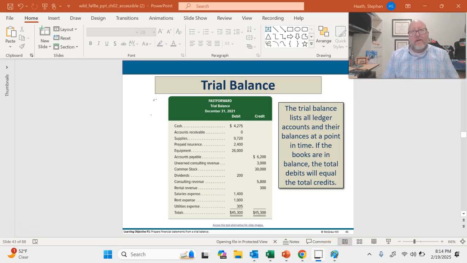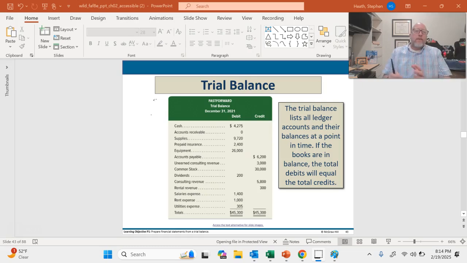Okay, me again. Rather than looking at my scribbling, I pulled up a snapshot of what the trial balance could look like. In the previous video, we did all of these transactions and put them in our journal.